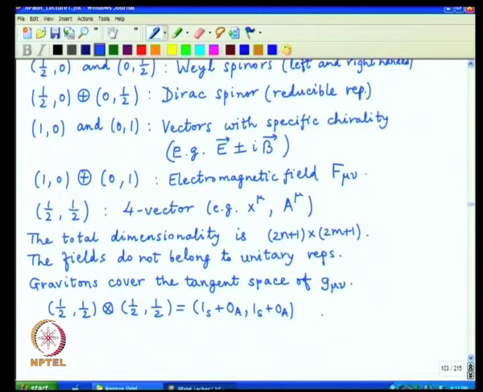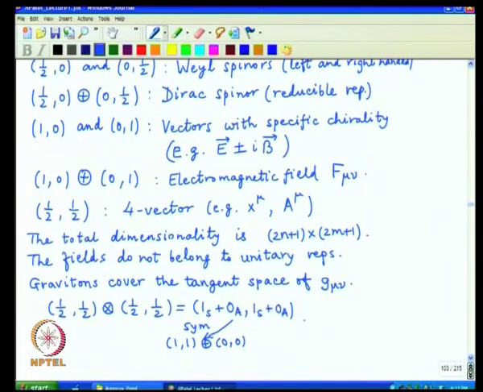The fully symmetric part with 10 components is (1,1) plus (0,0), which describes gravitons and a scalar respectively.